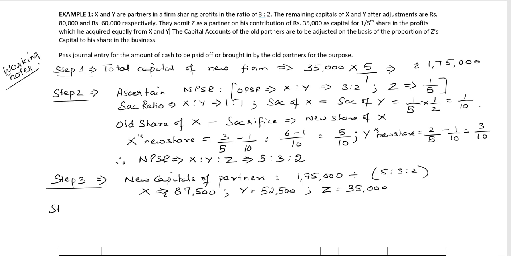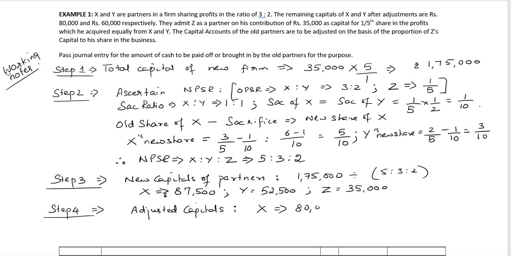Step 4, the adjusted capitals. It says the remaining capitals of X and Y after adjustments are rupees 80,000 and rupees 60,000 respectively.